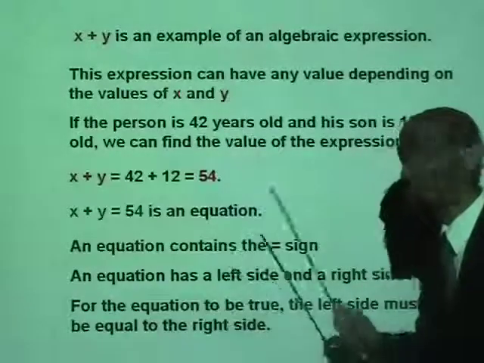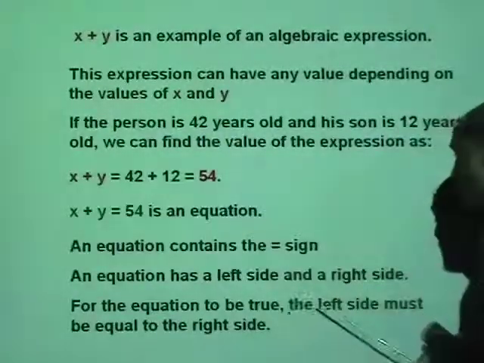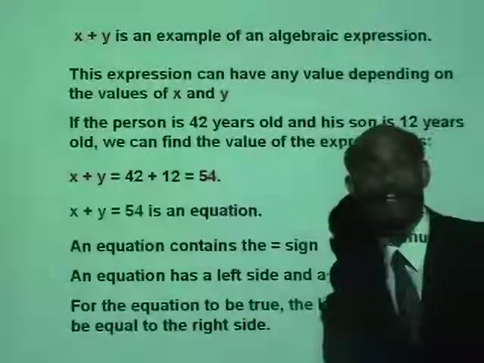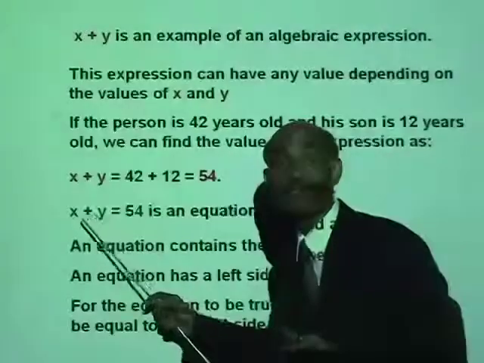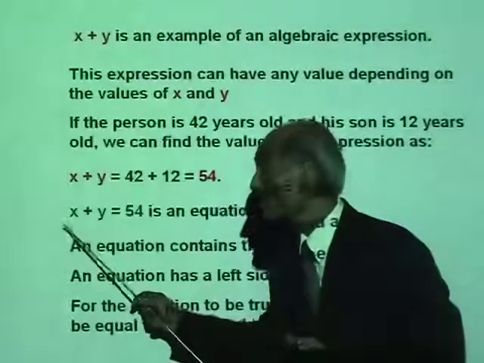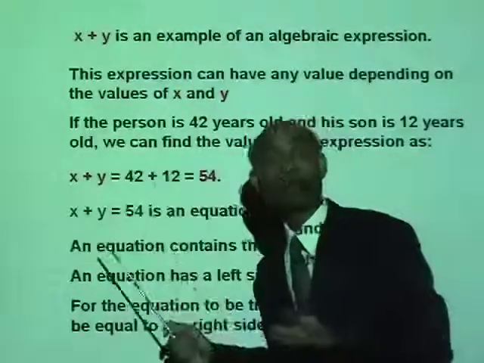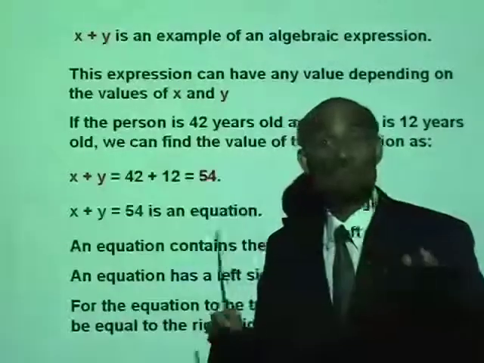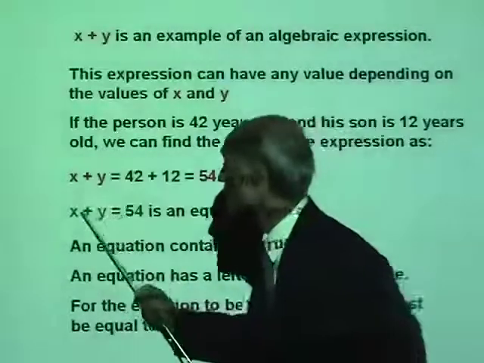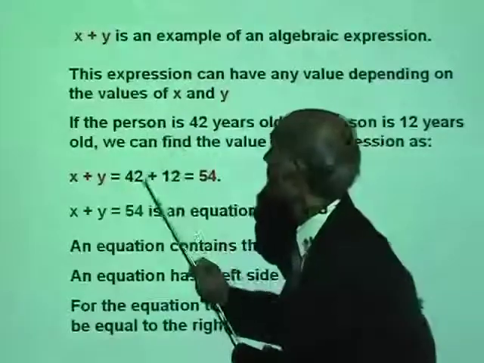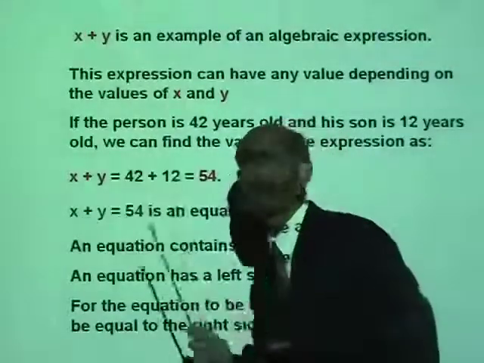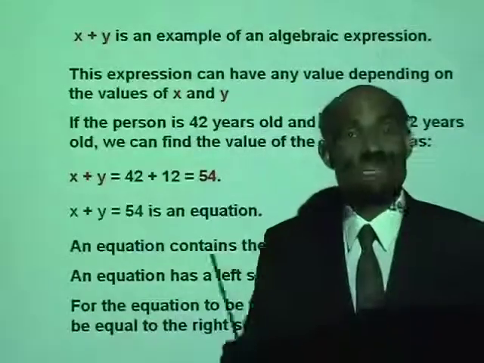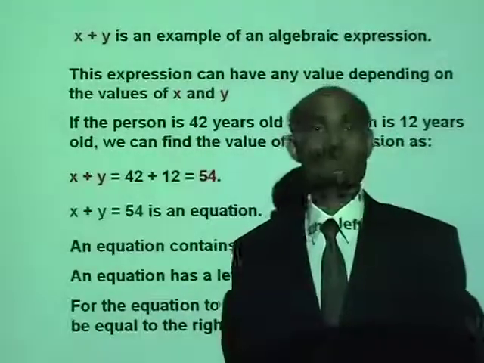For an equation to be true, the left side must be equal to the right side. So only for certain values of x and y, this equation will be a true statement. When x equal to 42 and y equal to 12, this equation will be a true statement. Alright?